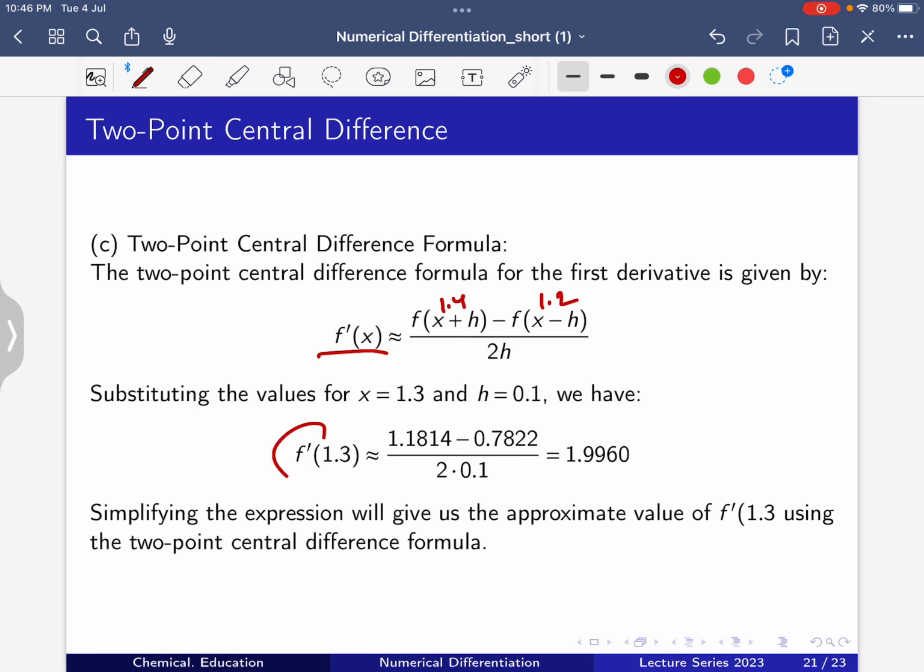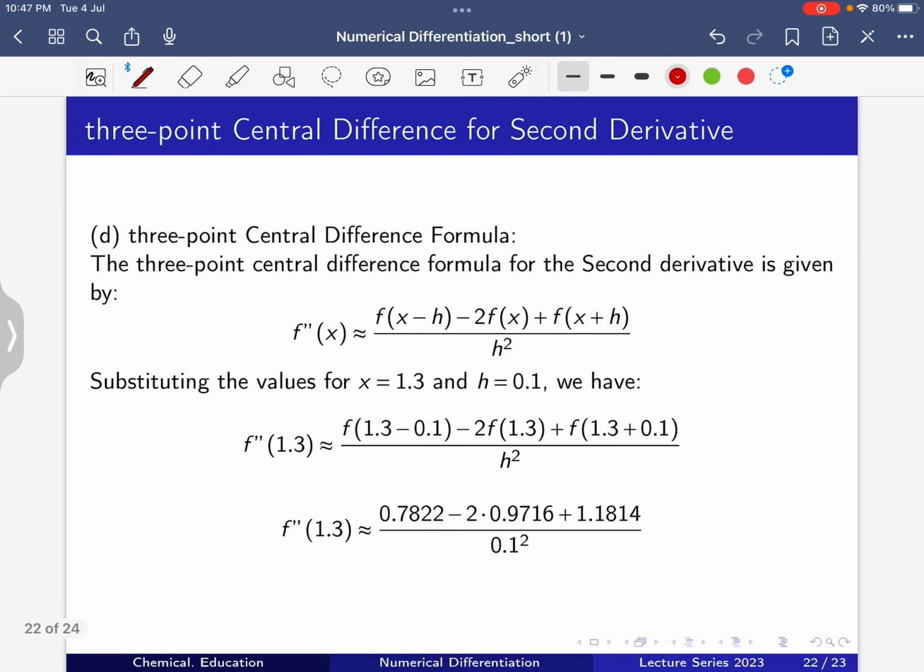If we calculate that, we get 1.9960. So again we get a similar result. You can easily calculate numerical differentiation using any method and any formula.